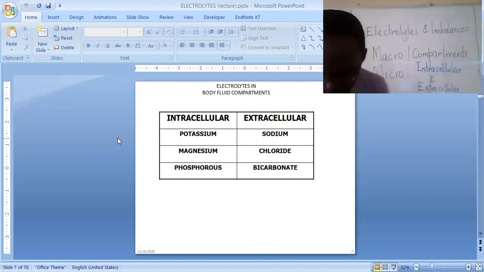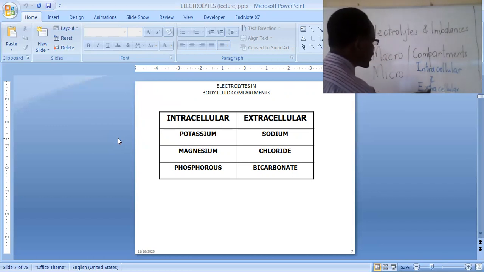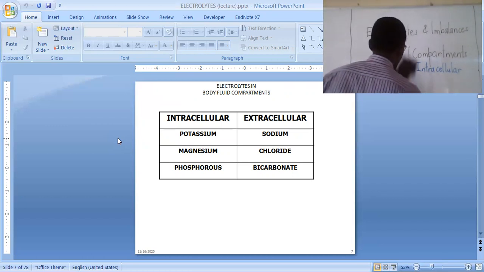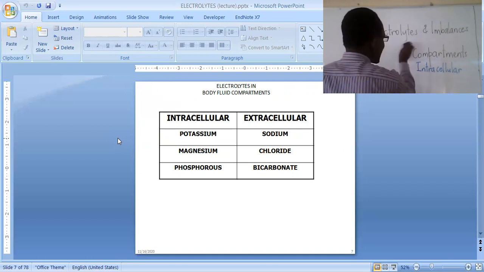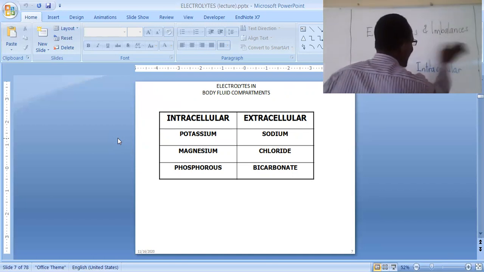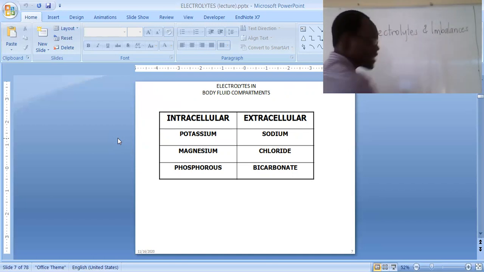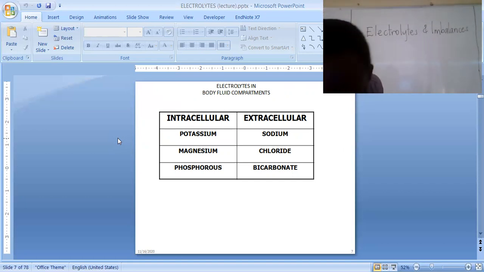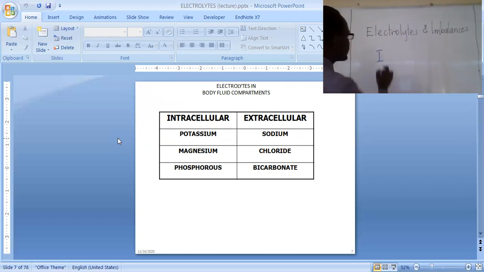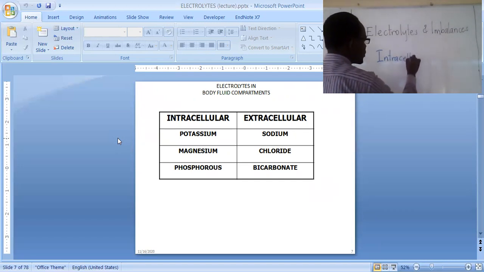Now, it is also very important for you to know the ions, yeah, that are found within the cell. So the ions are very, very important, yeah, in the different processes that take place within our body. Now, we have ions that are found intracellular, and we have ions like potassium, yeah.